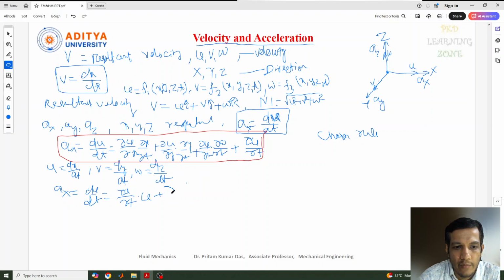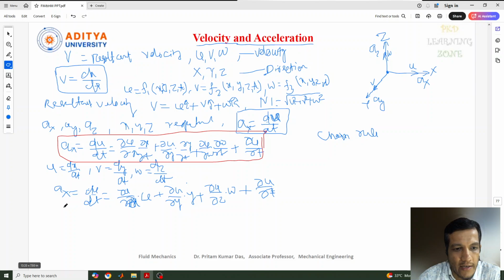Similarly again, del u by del y into v, plus similarly del u by del z into w, plus del u by del t. This is the equation we can write.